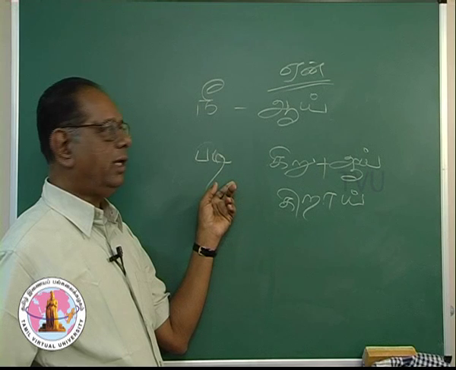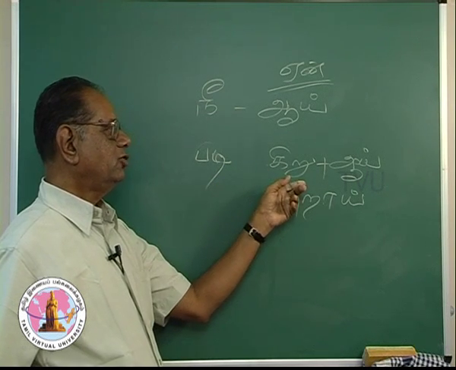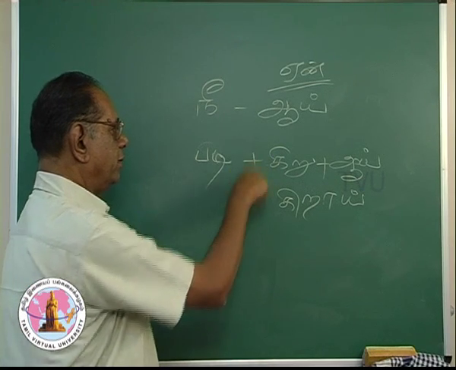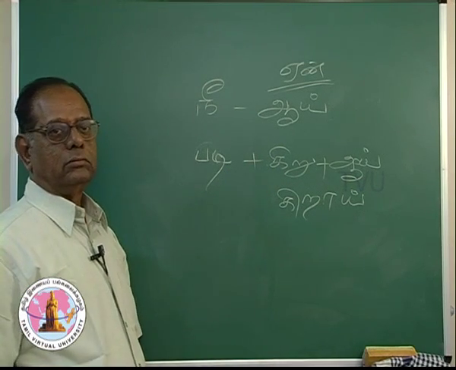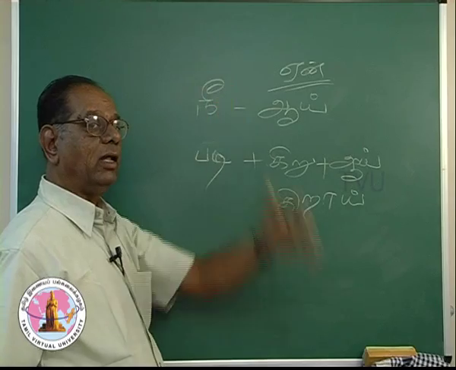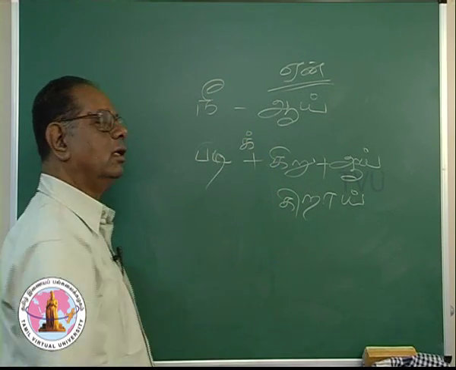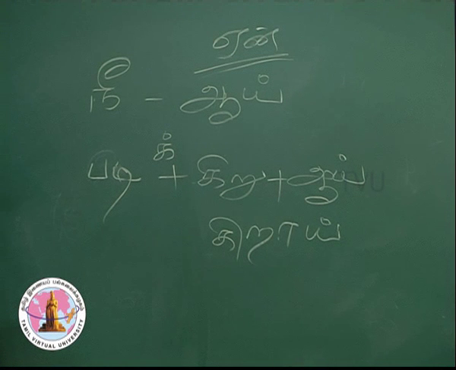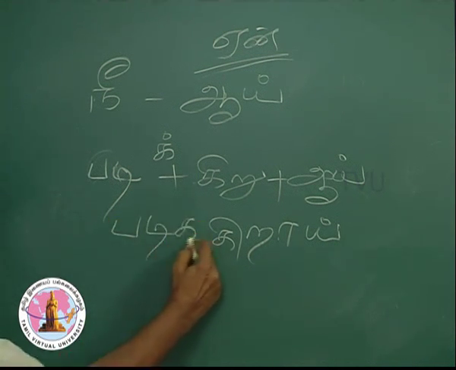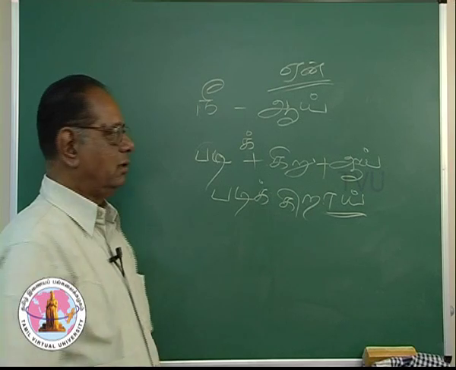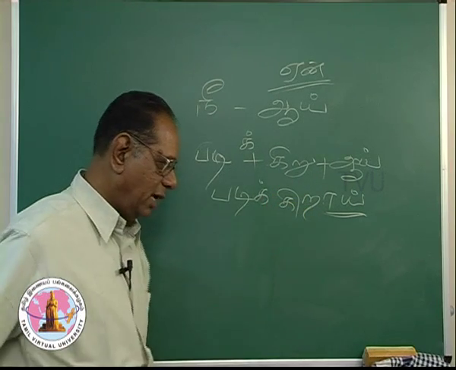Padi, to read. Tense marker, this ai. What will happen? You have to remember that particular list where you introduced one consonant. So, this will be Padikirai. This alone is different. The other things remain the same.